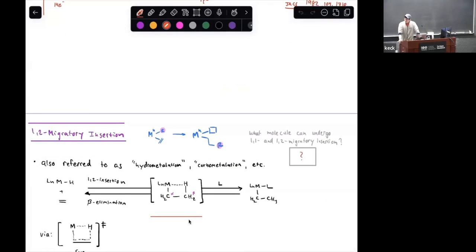There are two forms and flavors of migratory insertion, the first being 1,1 migratory insertion, and the second being 1,2 migratory insertion, commonly observed with alkenes, alkynes, and related pi systems. We'll cover 1,2 migratory insertion now and its microscopic reverse, beta elimination. 1,1 migratory insertion is the yin to the yang of alpha elimination, and 1,2 migratory insertion is the yin to the yang of beta elimination.